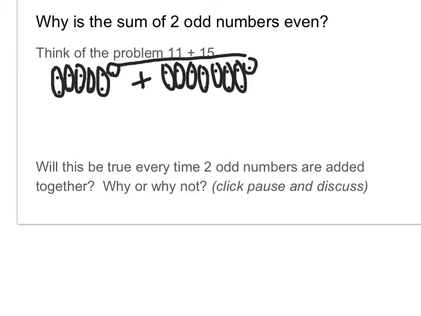So once again, we have all of the dots with a partner. Did 2 odd numbers come out to be an even sum? Yes. Will this be true every time for odd numbers? Why or why not? Click pause and discuss with your teammates.